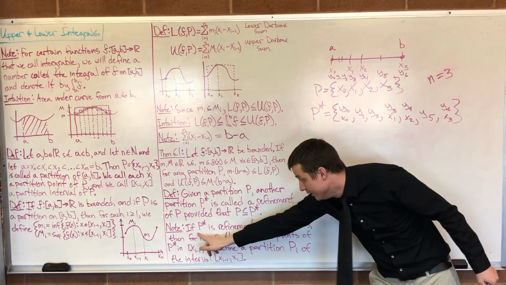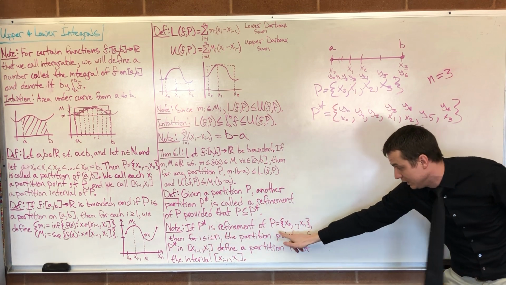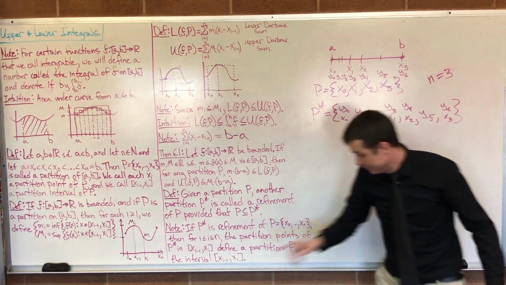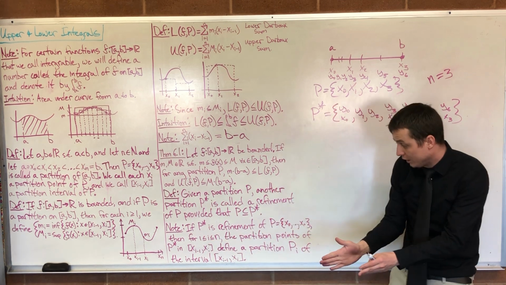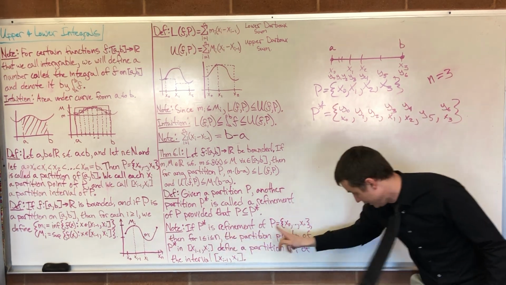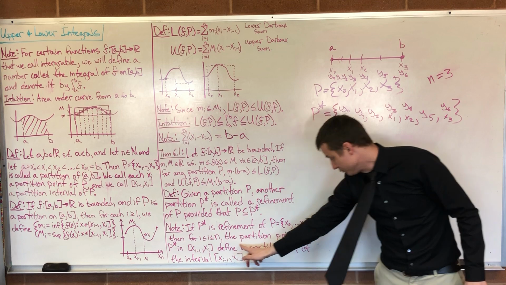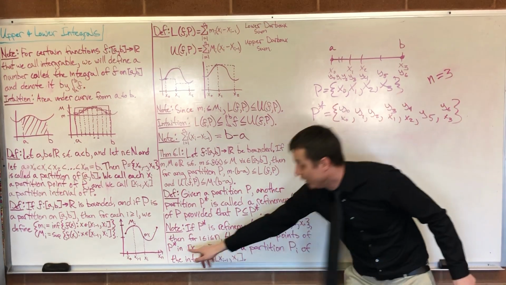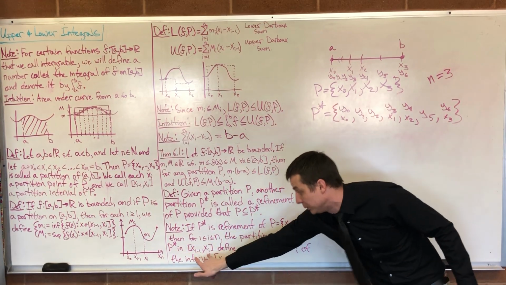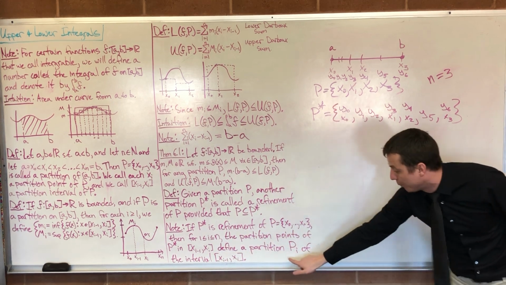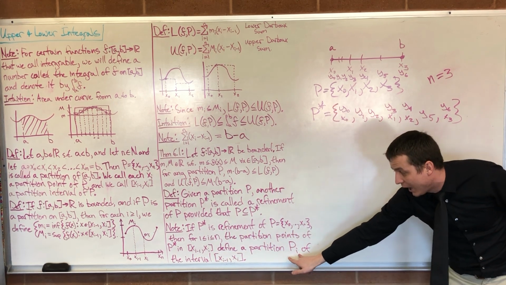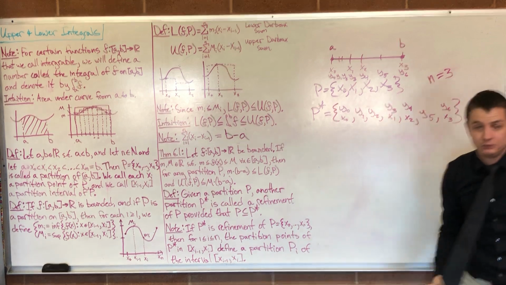So, down here. If P star is a refinement of P equal to x naught to xn, then for each part, each partition interval in P, the partition points of P star in a particular interval define a partition, P sub I, on that interval.